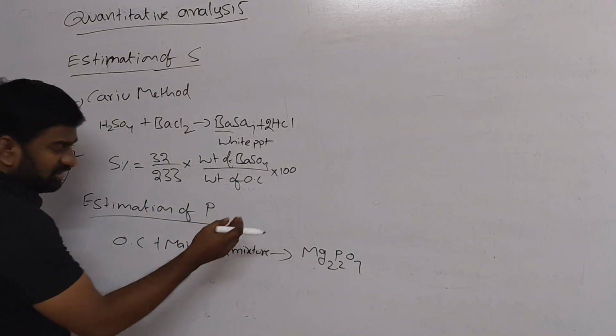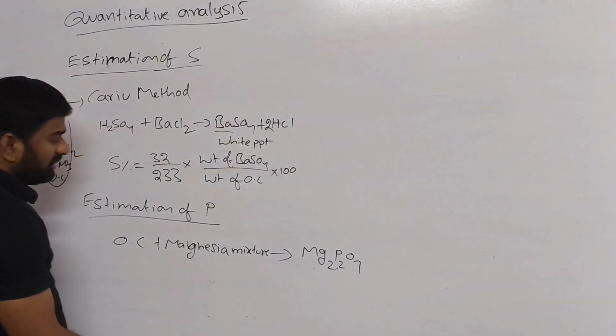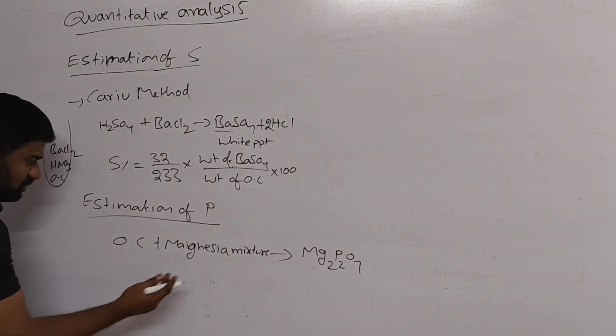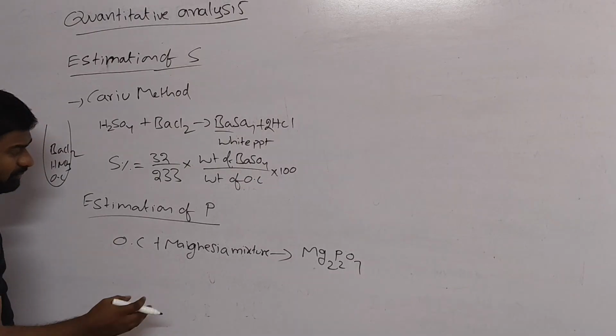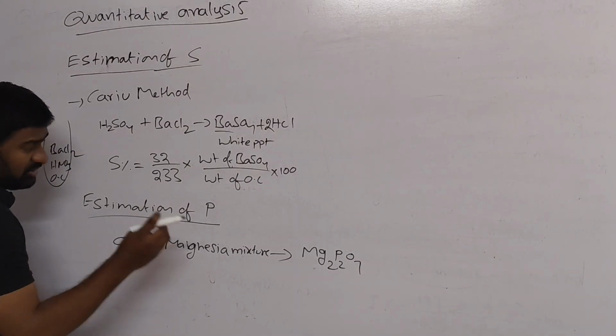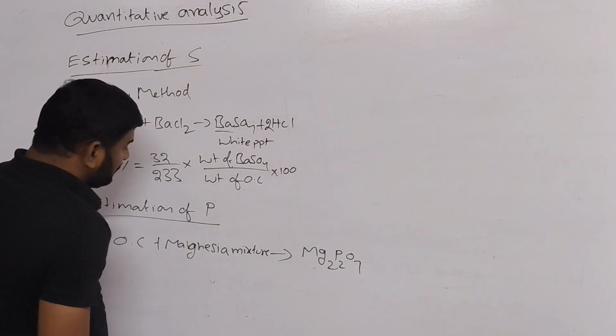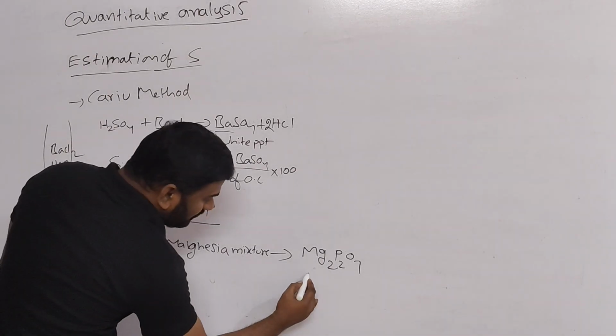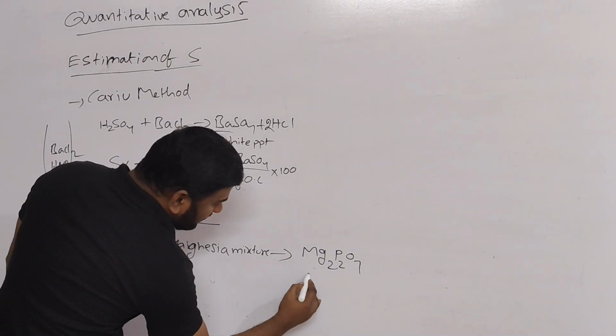This is one precipitate. The weight of this precipitate you also have to calculate. Once you calculate the weight of Mg2P2O7, what is the name of magnesium pyrophosphate?